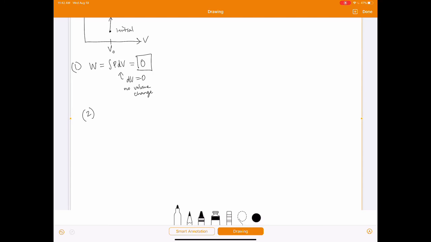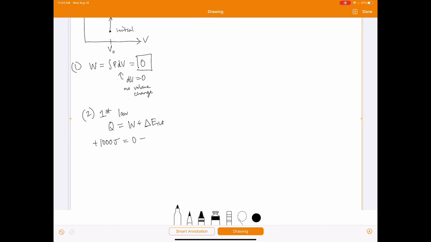Now, the second question had to do with internal energy. So for this, I want to take a look at the first law of thermodynamics applied to an ideal gas, which says Q is equal to W plus delta E internal. And in this case, Q was 1,000 joules, positive, meaning the gas is taking in that heat.